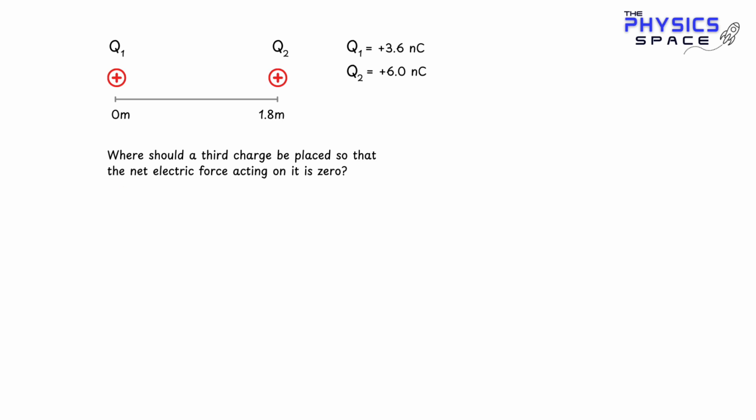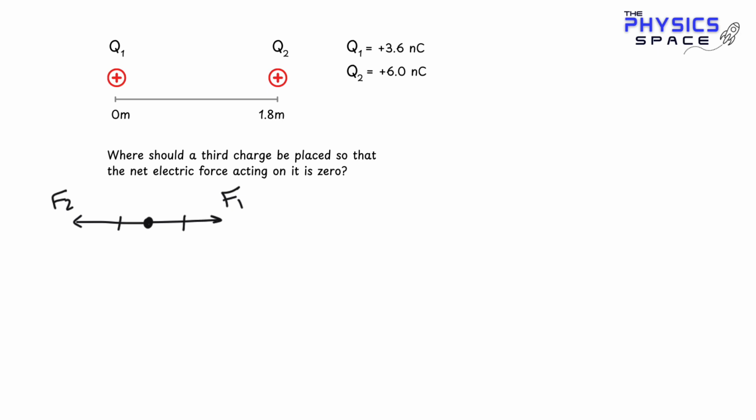We're just considering the fact that whether that charge is positive or negative, we're going to find a location where the force pointing to the right, I'm just going to call that force 1, and the force pointing to the left, I'm going to call that force 2, are equal in magnitude.